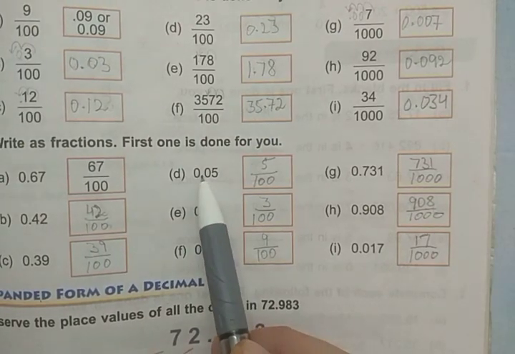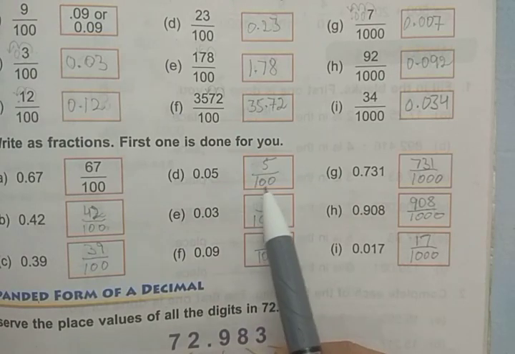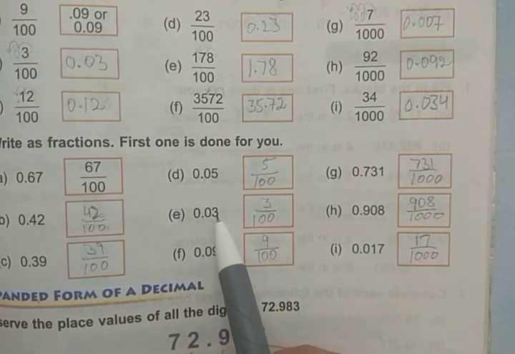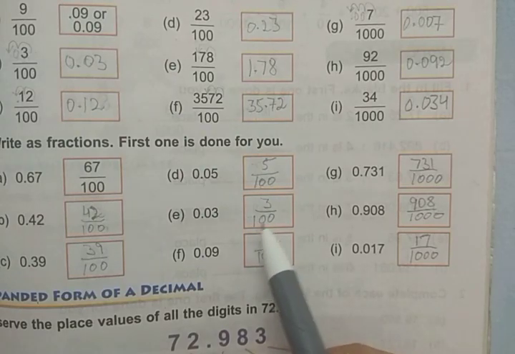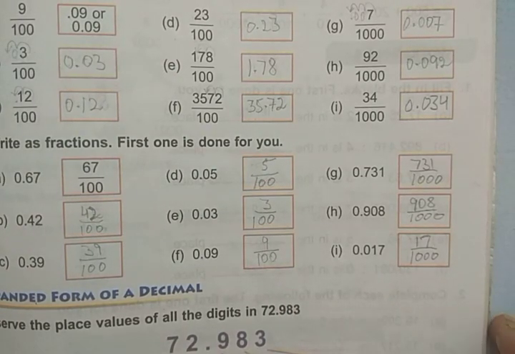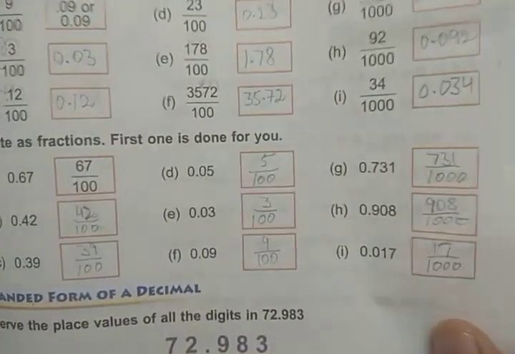Here again point की जगह 1 and 2 digits are there, so we will write 2 zeros. So 5/100. 0.03, so 3/100. So in this way we can write as fractions, decimals as fractions.